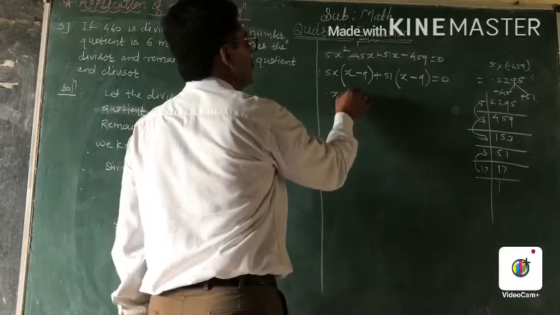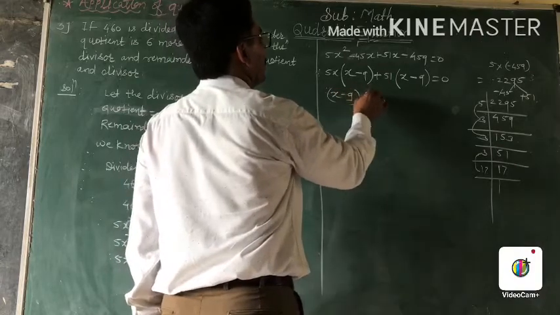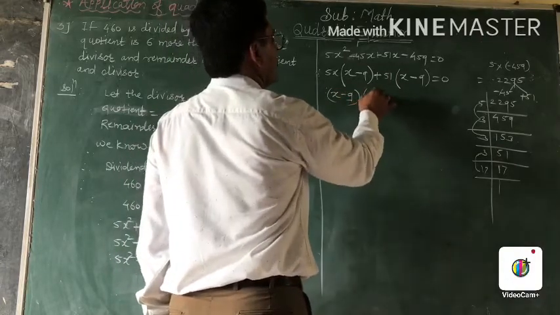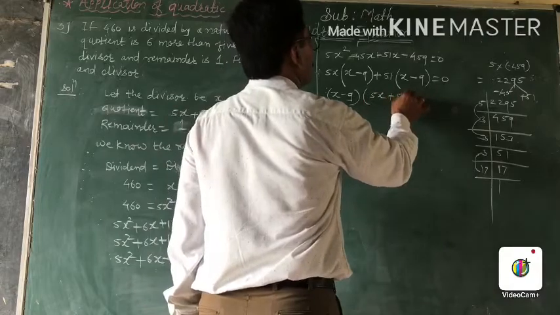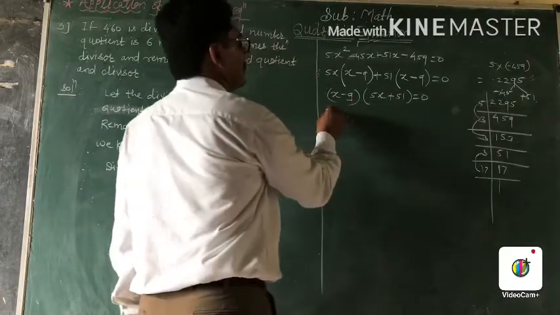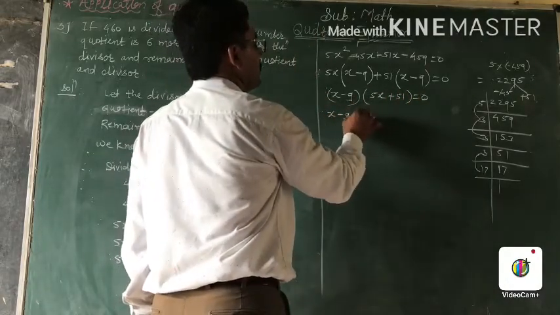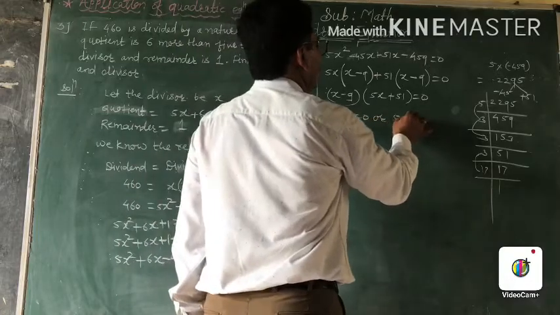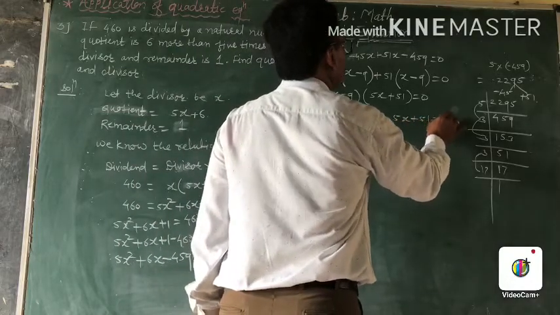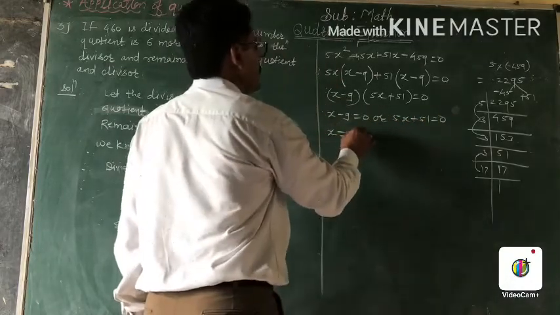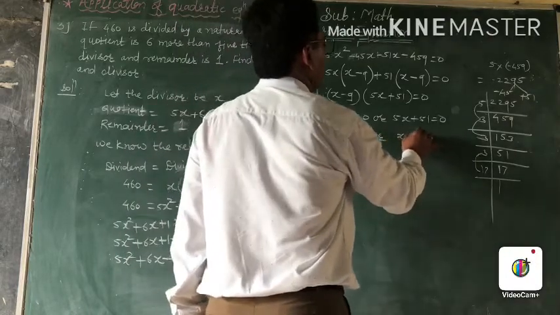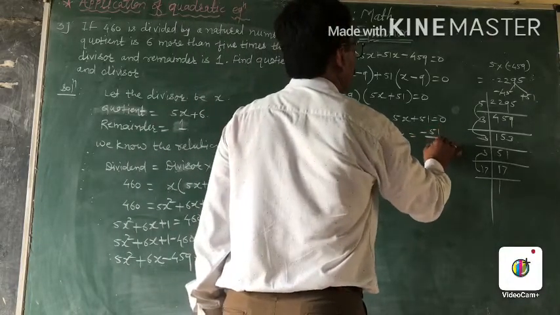Therefore x minus 9 is common, and the remaining is 5x plus 51 equal to 0. Therefore x minus 9 equal to 0 or 5x plus 51 equal to 0. Therefore x is equal to 9 or x is equal to minus 51 by 5.